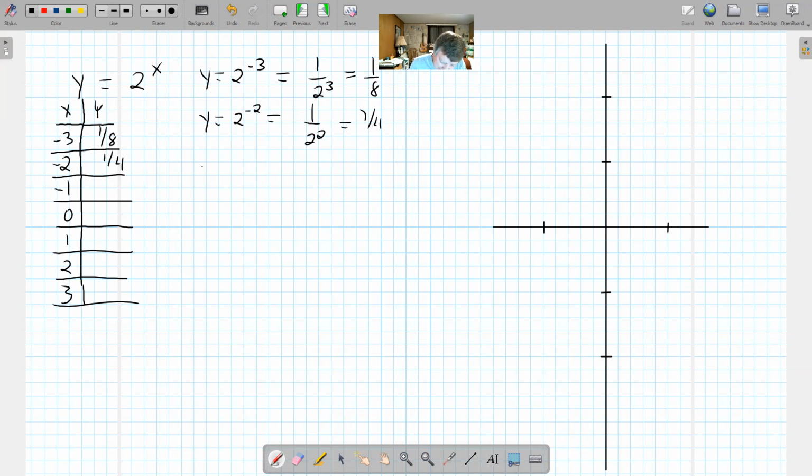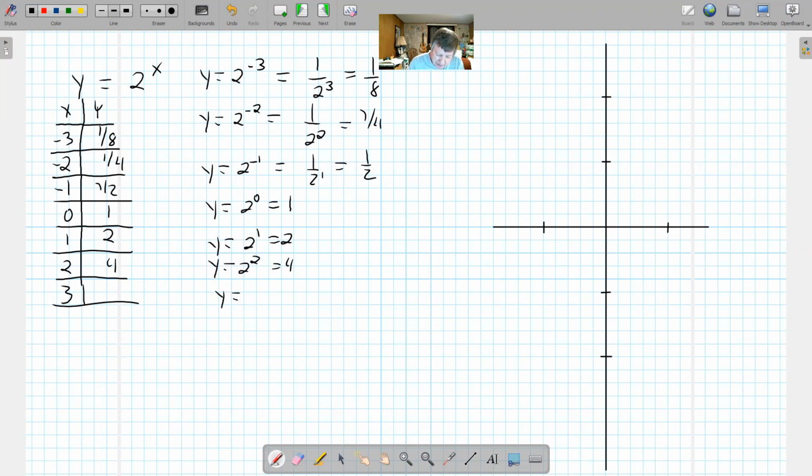If x equals -1, y equals 2 to the -1 power, or 1 over 2 to the 1, or 1/2. If x is 0, y equals 2 to the 0 power. Recall that any base other than 0 raised to the 0 power equals 1. If x is 1, y equals 2 to the 1 power, which is 2. If x is 2, y equals 2 squared, which is 4. And if x equals 3, y equals 2 cubed, which is 8.